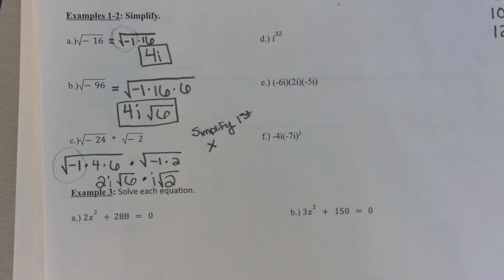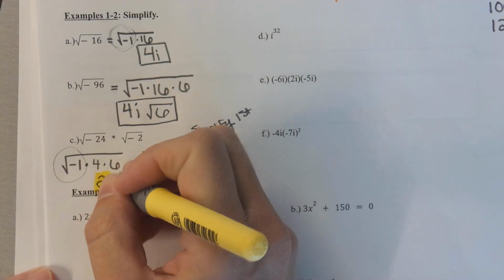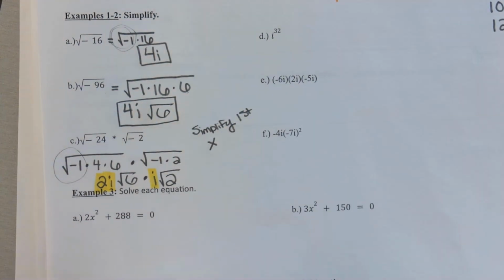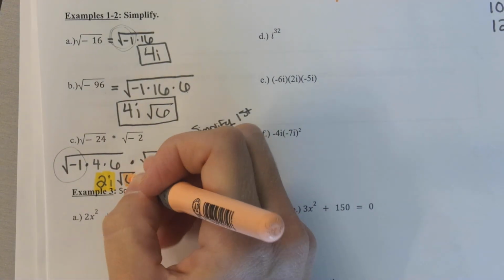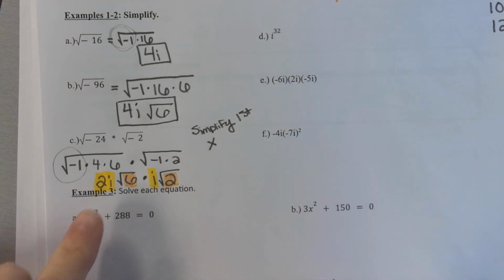So when you multiply, let me get out some highlighters. I'm going to use highlighters today. The things that are out front can be multiplied together. And then the things that are under the roots also get multiplied together.